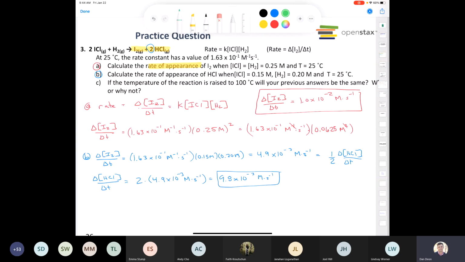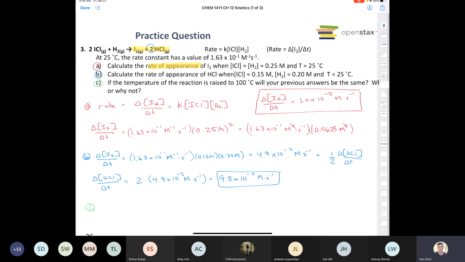The last question, C, says, if the temperature of the reaction is raised to 100 degrees Celsius, will your previous answers be the same? Why or why not? Can anybody answer that question for me? If I change the temperature from 25 degrees Celsius to 100 degrees Celsius, will it be the same? Violet says no, and she's absolutely correct, right?